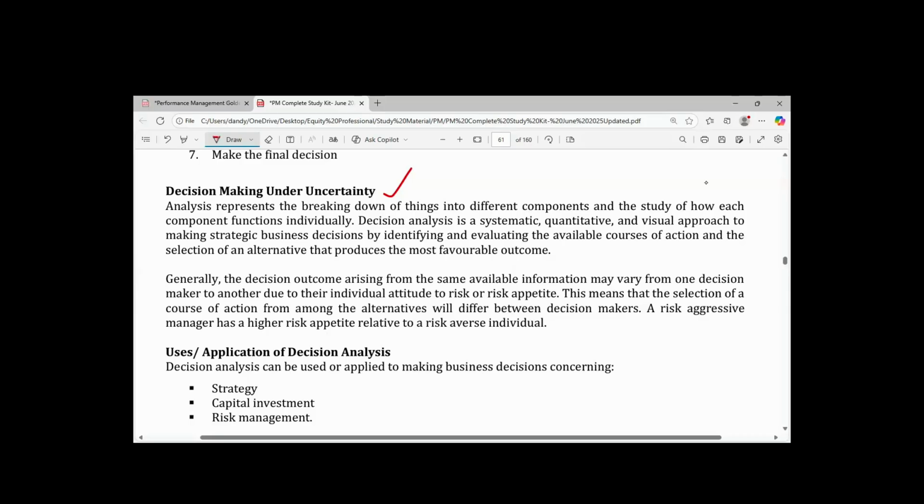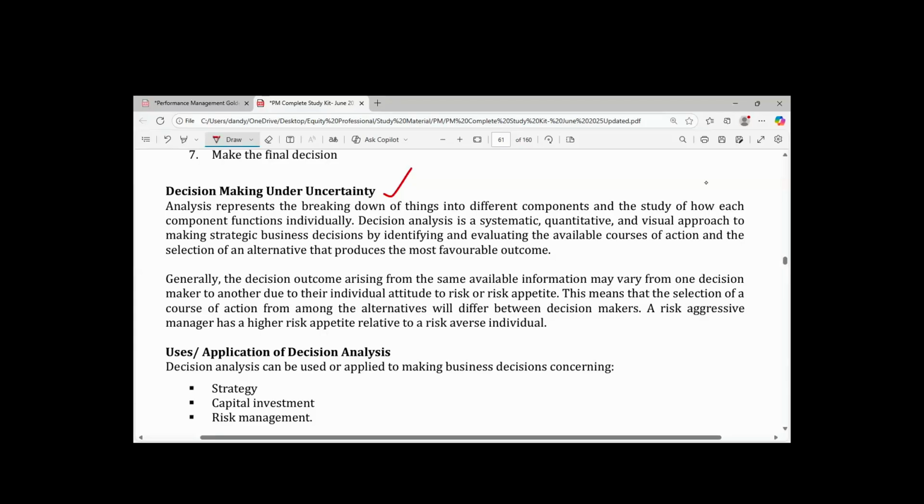Decision analysis is a systematic, quantifiable, and graphical approach to making strategic business and investing decisions by identifying and evaluating the various courses of action available and the selection of the most favorable outcome among competing alternatives. This is what we mean by decision analysis.